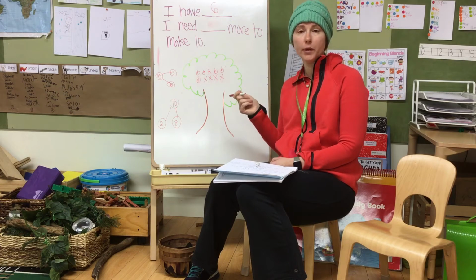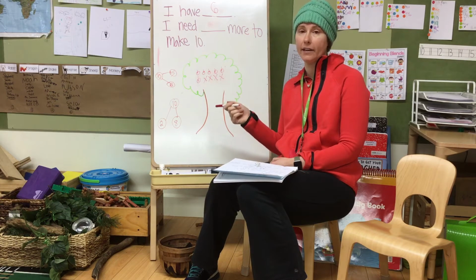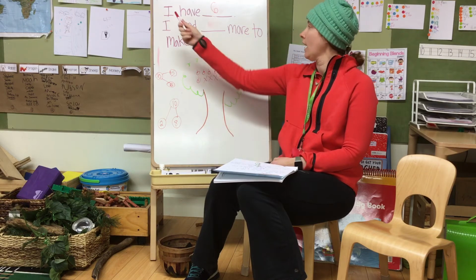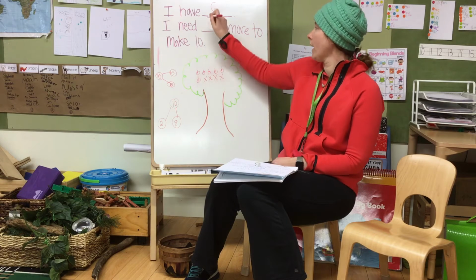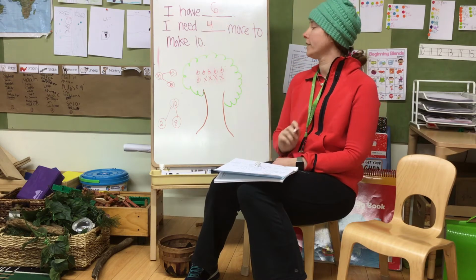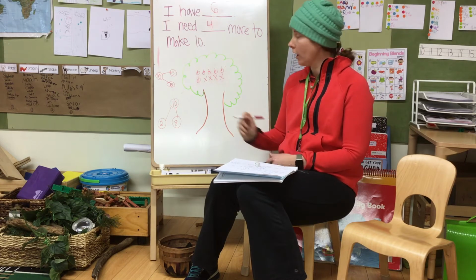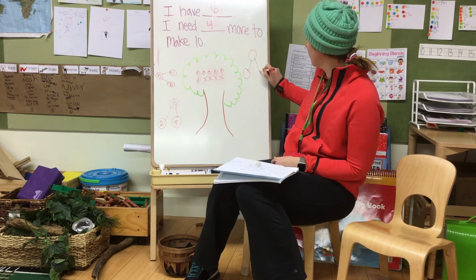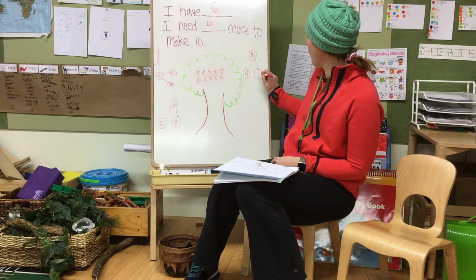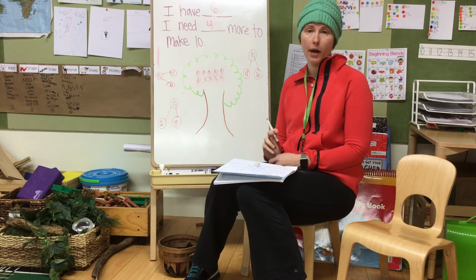So looking at my tree, how many of you can figure out how many more apples I need to finish the sentence? I have 6. I need 4 more to make 10? Awesome. And if I want to do the number bond for this one, the whole is 10, 4 and 6 are the parts.